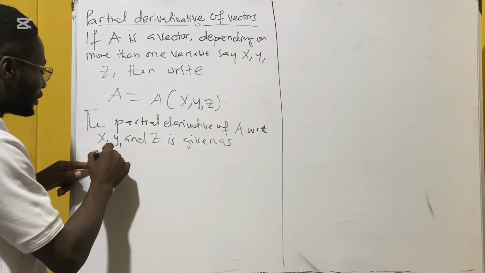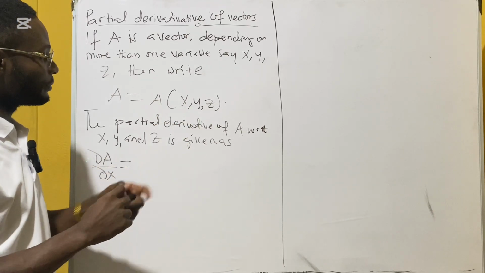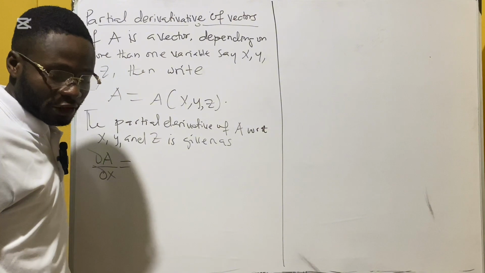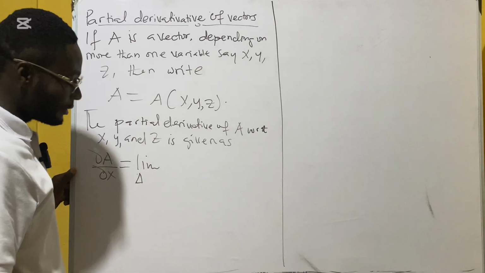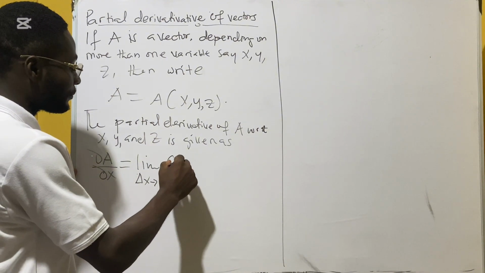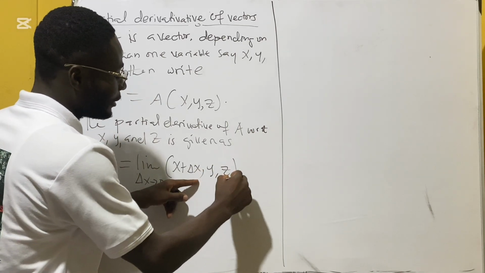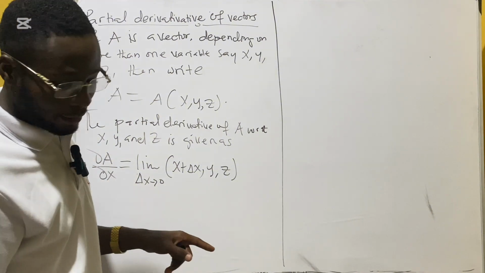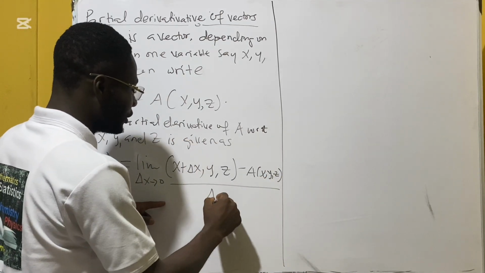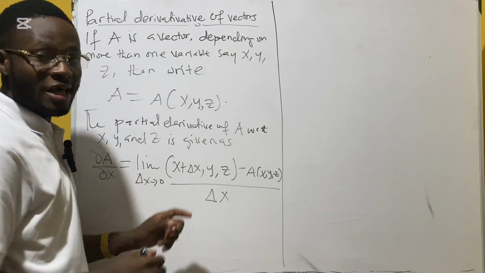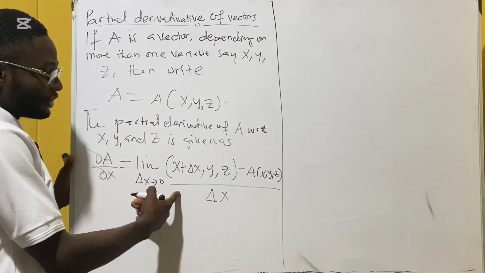So the partial differential of a with respect to x is equal to the limit as change in x approaches 0 of a of x plus change in x, then y and z, minus a of x, y, and z, all over change in x. This is from the first principle.